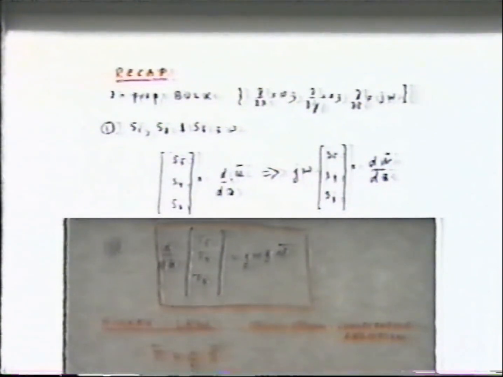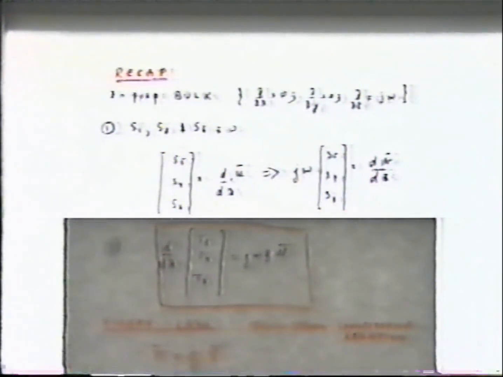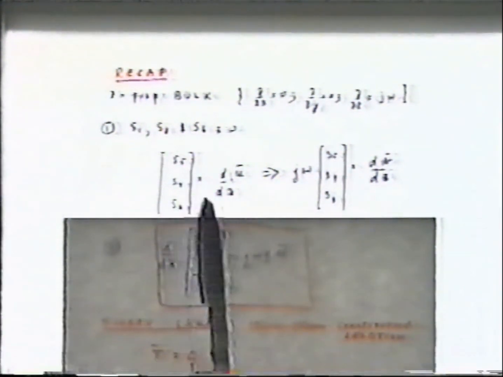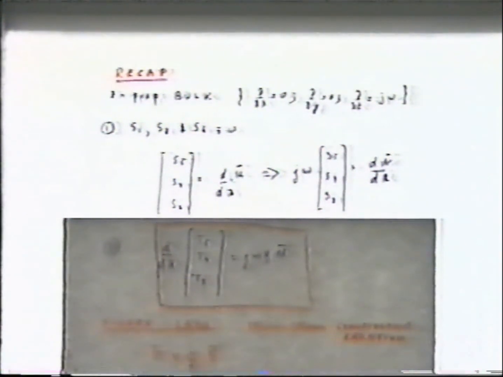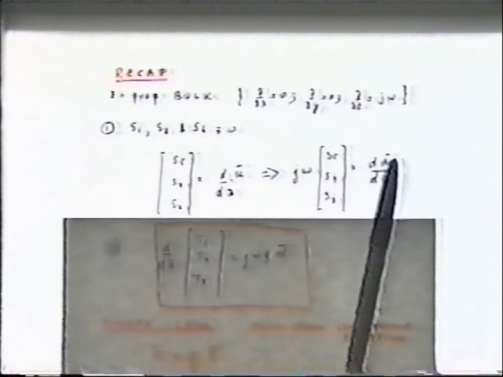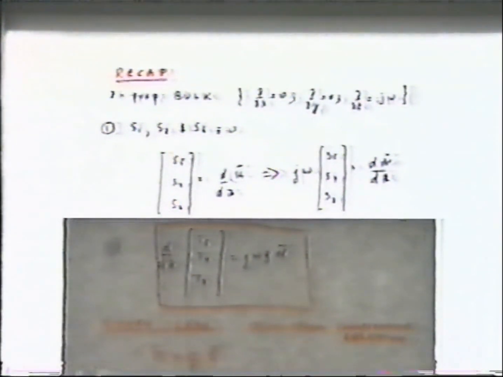And as we looked at on an earlier transparency, we have 5 non-zero components of strain related to the displacement vector given by this relationship. And since I'm going to work in stresses and velocities, I'm going to multiply by j omega, left and right hand side, and say that j omega times this is equal to dv dz. Okay, because I want to use velocity rather than particle displacement as one of my field variables. It's just a personal choice. It's not necessary. You can do it another way.